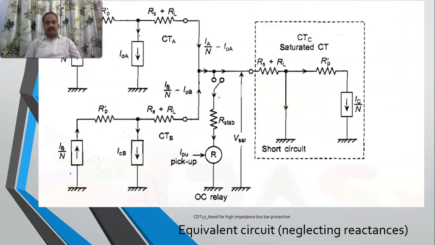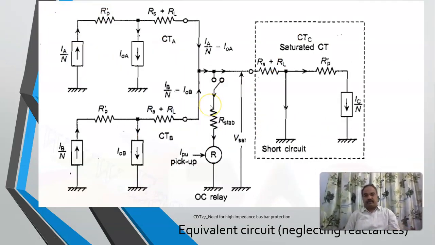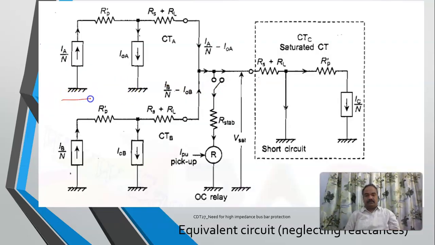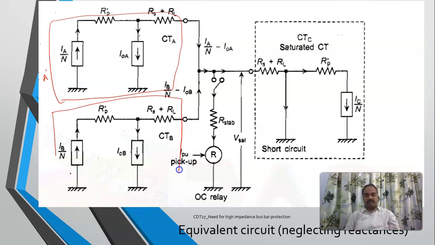This is the equivalent circuit which we have gone through. This is your IA by N. This is the equivalent circuit of CTA, and this is the equivalent circuit of CTB.